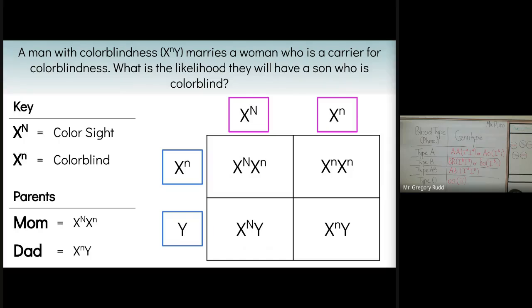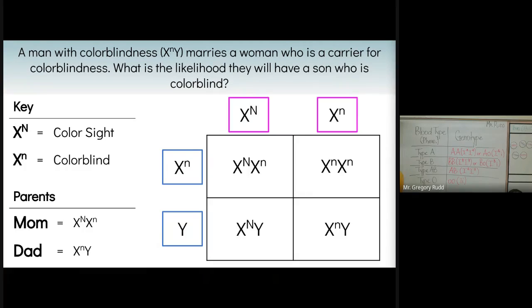So if they have a son, there's a 50% chance that the son will be colorblind. Only this one out of two. If they have a child who is colorblind, there's a 50% chance that that child will be a son. Does that make sense? But of all four of their possible offspring, what is the likelihood that they get a colorblind son? It's 25%.